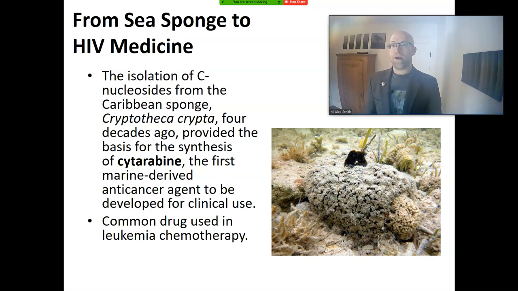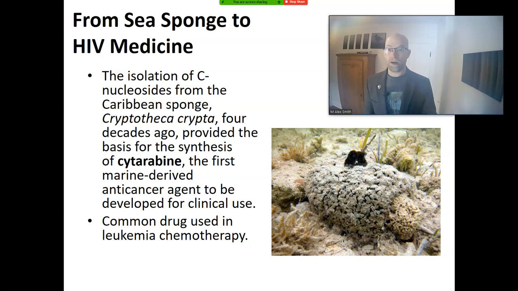This is kind of a neat example where there have been byproducts that have been derived from Caribbean sponges, and this has been done for 4 to 5 decades. So Cryptotheca crypta, doubly cryptic in that naming in the species epithet of genus and species, was the source in the 1970s for cytarabine, which is a marine-derived anti-cancer agent that has been used.